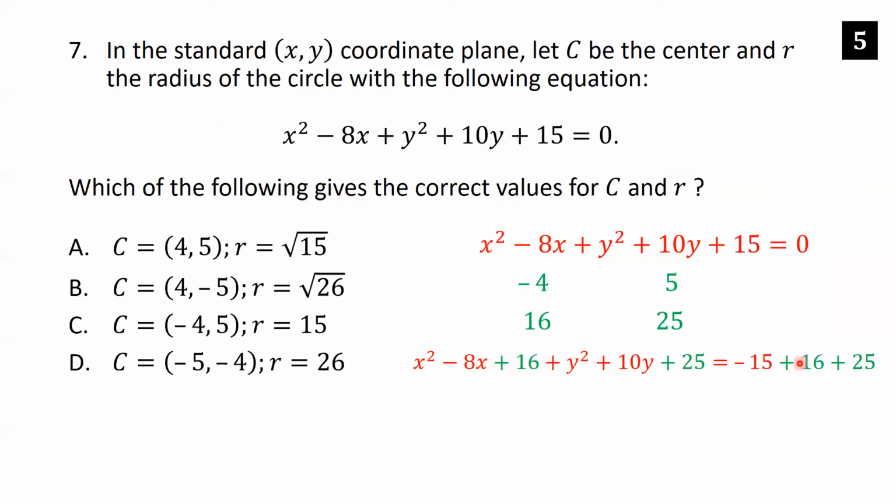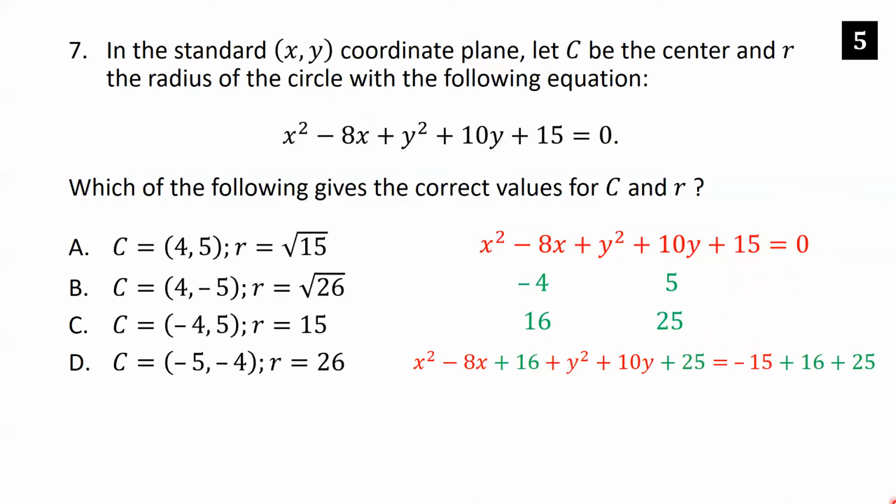Similarly, I have y squared plus 10y, and I'm going to add the 25 next to it, and also add that number to the right side. And at the same time, I did one more thing. I took this constant, 15, and brought it over to the right by subtracting 15 from both sides of the equation. It's on the right-hand side now.